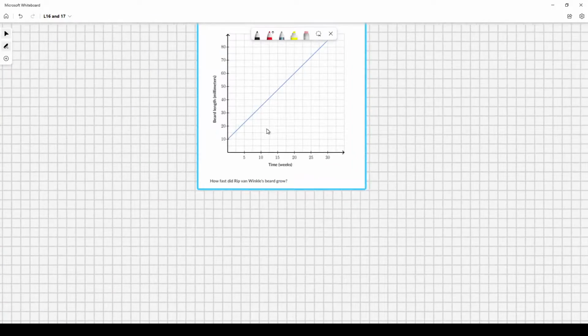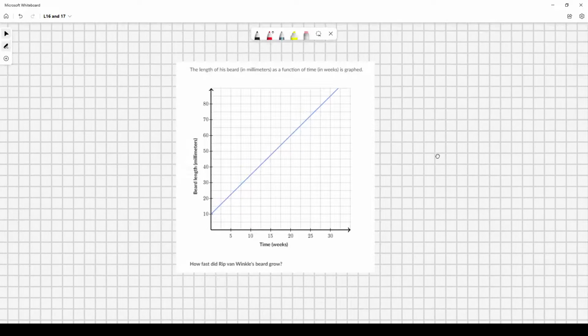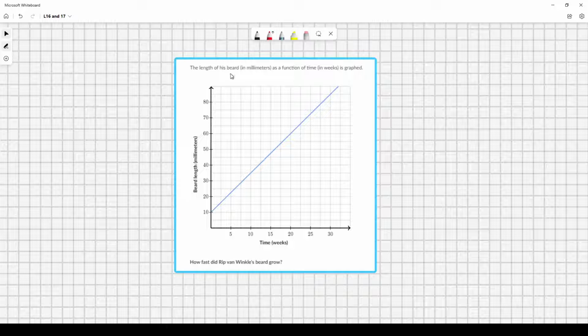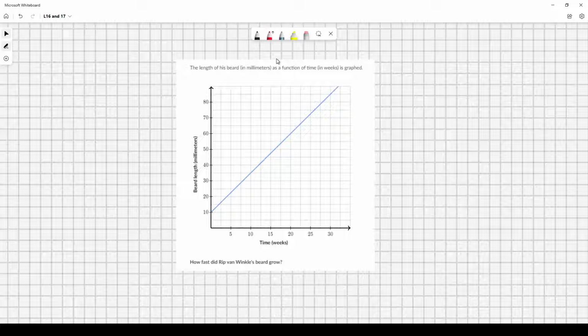Okay, so I have the question here. Somebody grows a beard, and if you don't shave, your beard just keeps growing. So that's what this represents. As time passes, his beard length increases, and it's in millimeters.